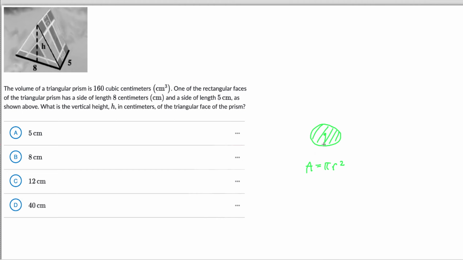This area along a cylinder stays the same as I go up the cylinder. So if I cut out the circle here, this area would be exactly the same as the original area on the floor, and exactly the same as the area on the top. The area stays constant as I go up the height.